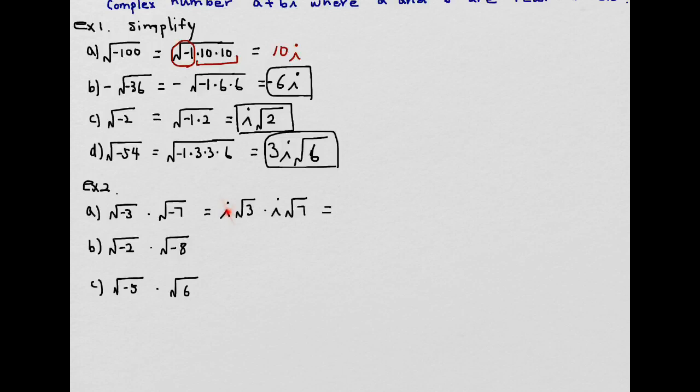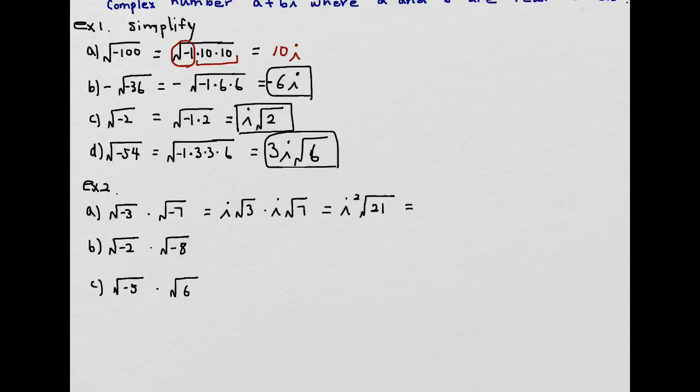You have i times square root of 3 times i times square root of 7. You should be able to multiply this i and this i together first, because this is all multiplication. You will end up getting i squared. And then inside the square root, you have 3 times 7, which is going to give you 21.